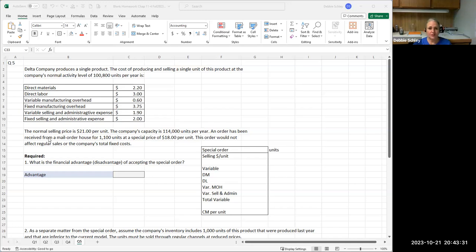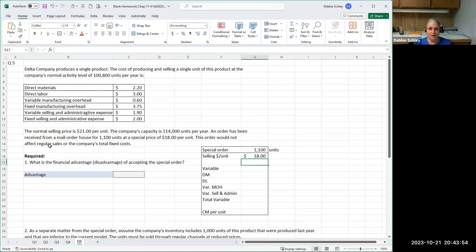An order has been received from a mail order house for 1,100 units. Okay, special order 1,100 units. And they want it at a special price of $18 per unit. So that's our selling price per unit for our special order.